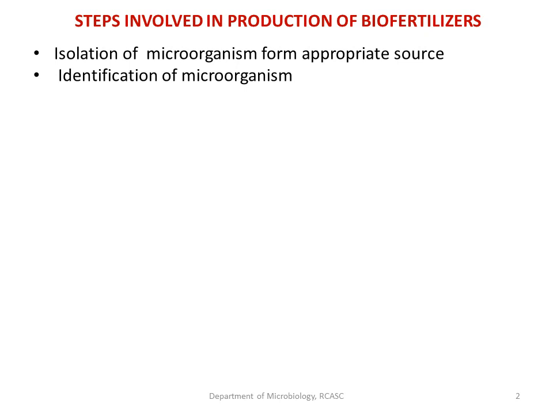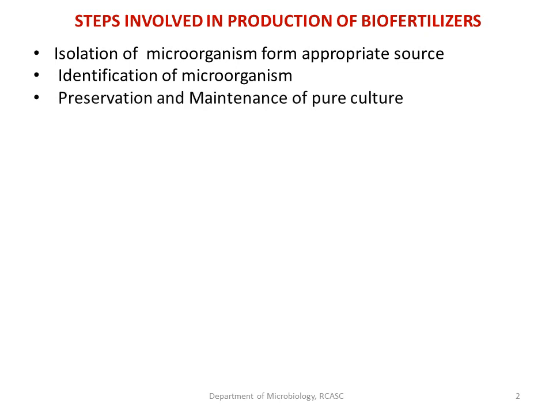Identification of microorganism. Whatever we have isolated, it has to be identified up to species level. That is very much important. So identification of microorganism has to be done. It can be either by a traditional method or we can go for any of the molecular techniques for the identification of such organisms.